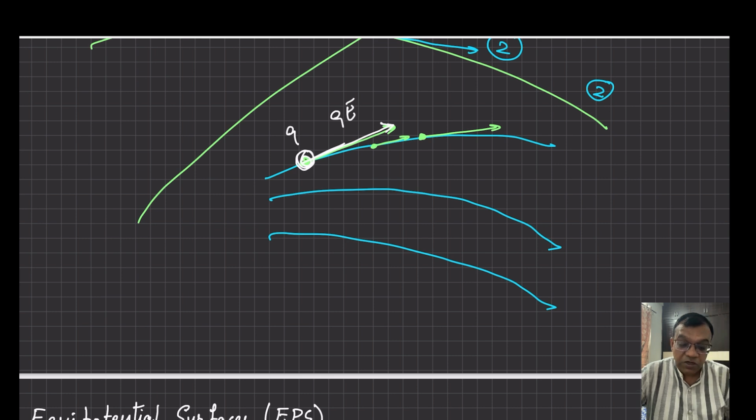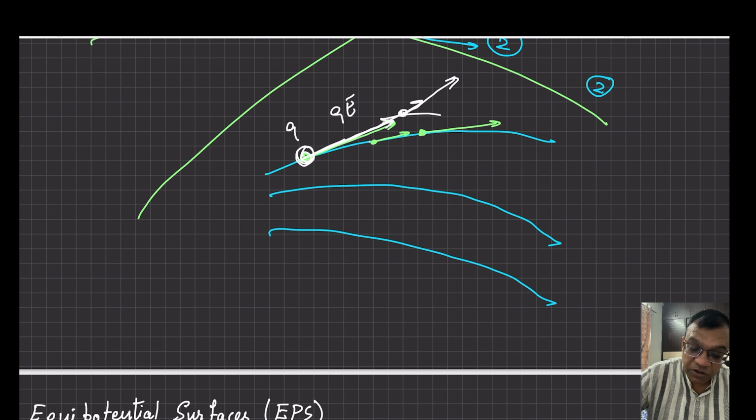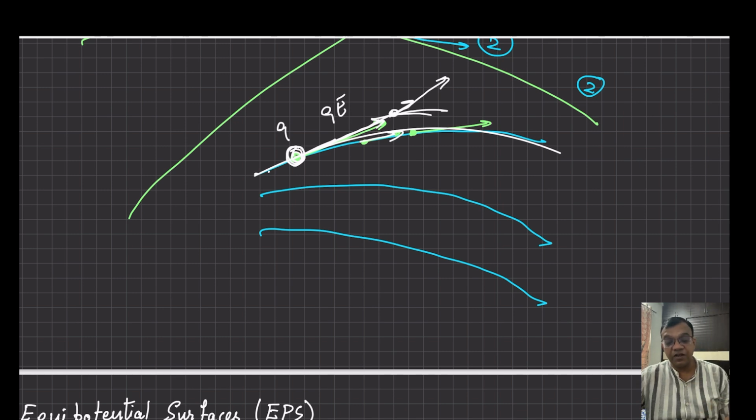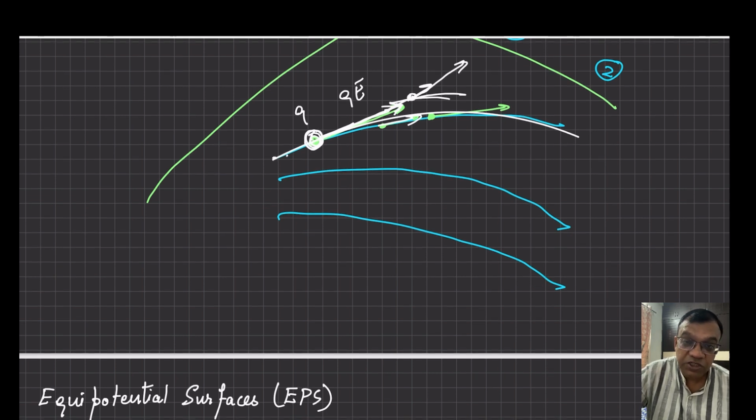Now, since force is along the tangent to the field, the charged particle will start moving in this direction. When it reaches here, the direction of electric field is not along this way. It will be some other way. So this charged particle cannot follow this curved path. A charged particle, when released in the electric field region, is not going to follow the path of the electric field lines, because electric force is only along the tangential direction.